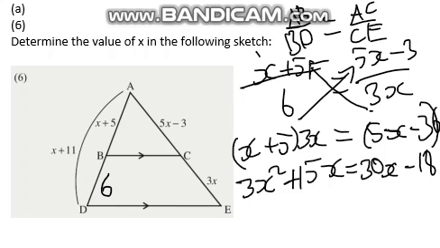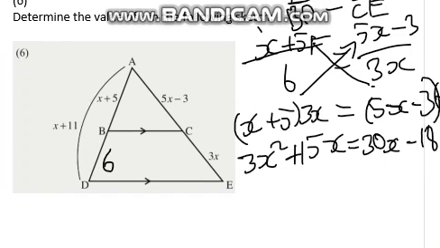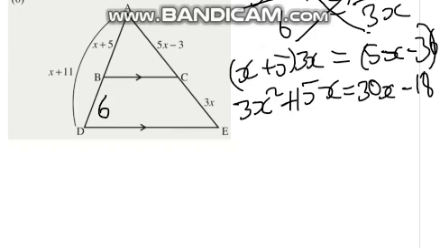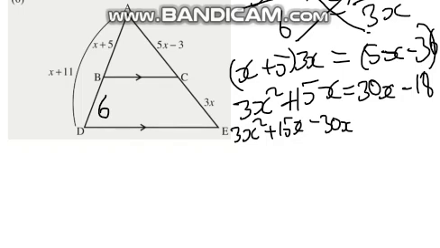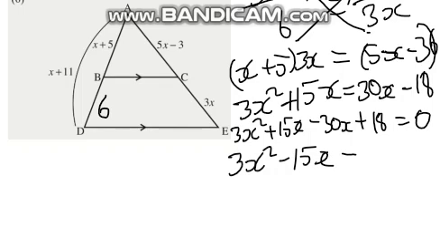We're going to have 3x squared plus 15x minus 30x plus 18, which is equal to 0. Now simplifying this, we're going to have 3x squared minus 15x plus 18 is equal to 0.